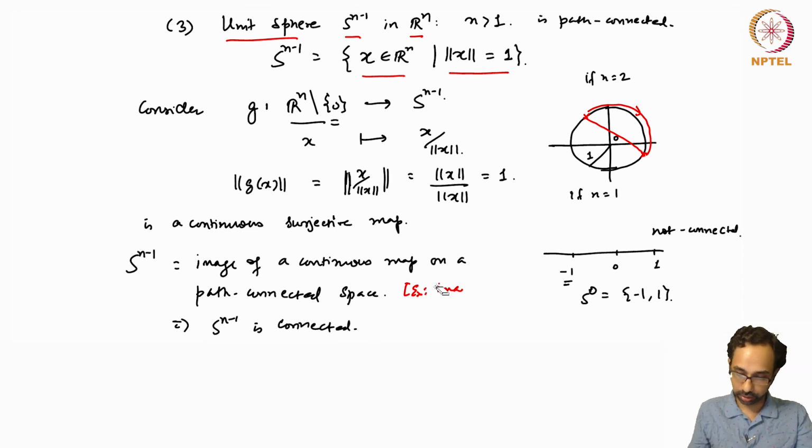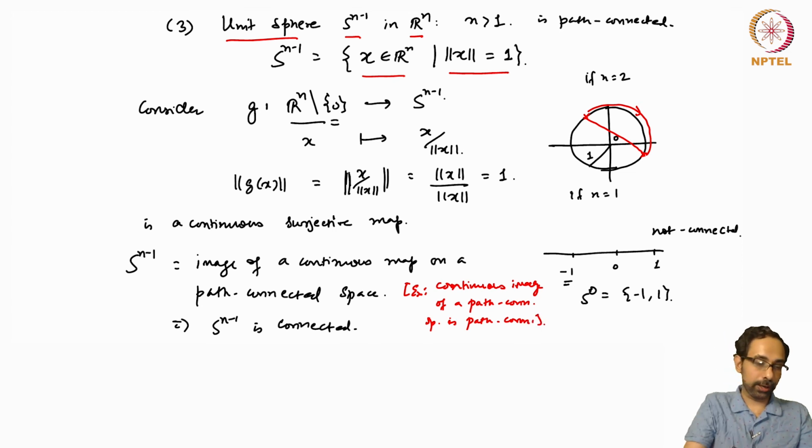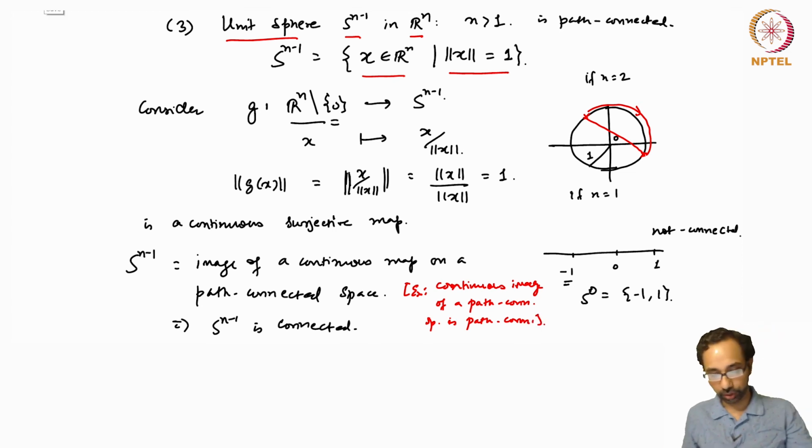Here I leave as an exercise to show that the continuous image, by which I mean the image under a continuous map, of a path connected space is path connected. Prove this fact using the definition of path connectedness.